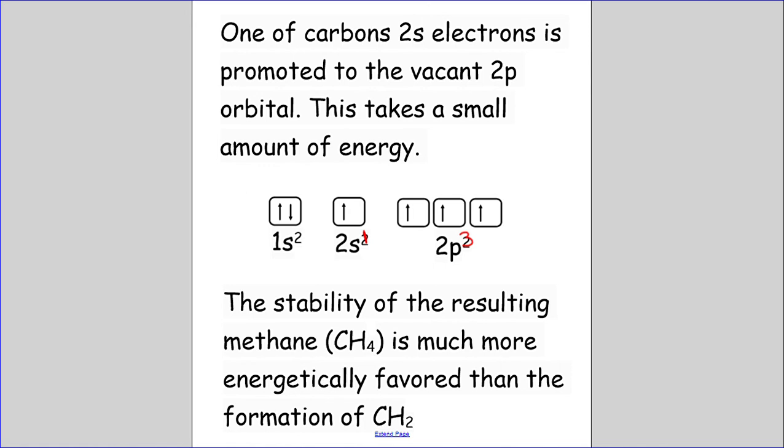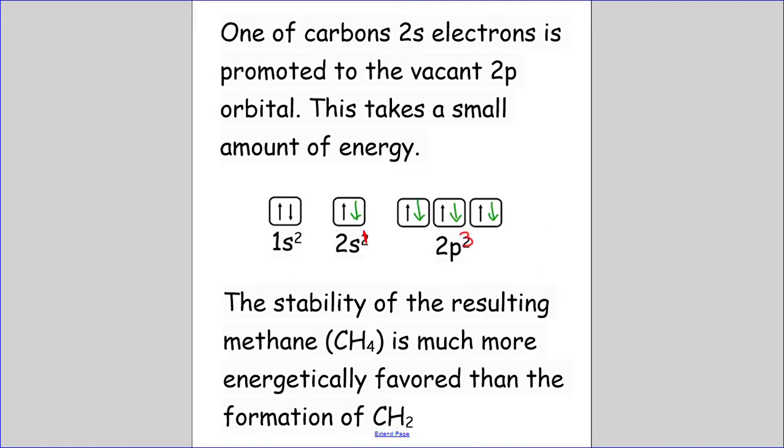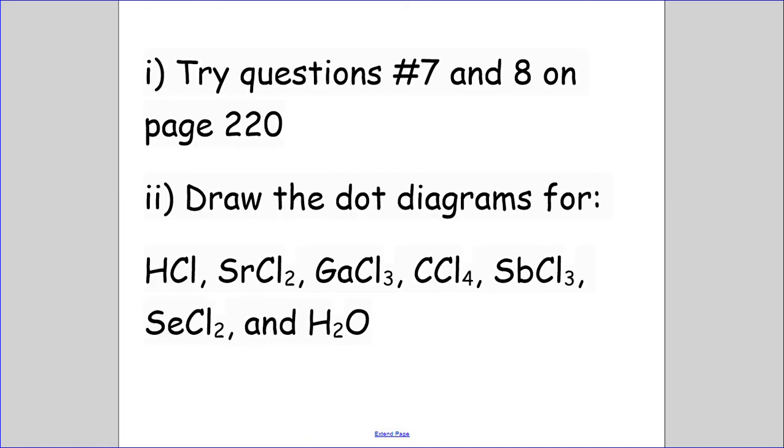It takes a small amount of energy for this to happen, but the stability of the resulting bonds is a lot more favorable than just having CH2, because now I can have 4 bonds which completely satisfy filling all of those shells, rather than still having a gap. And so by promoting that 2s electron up, we can fill all 4 of them, and it makes quite a strong structure. There are examples like that throughout.